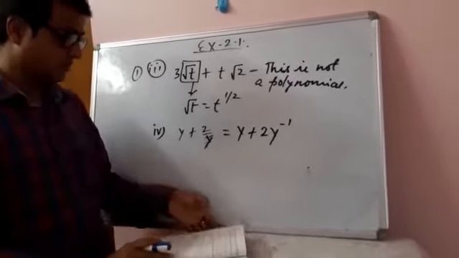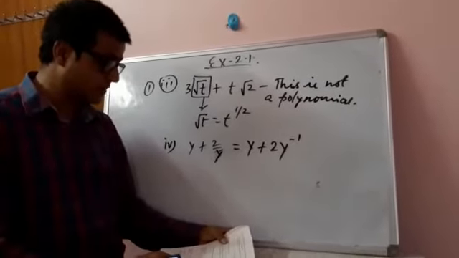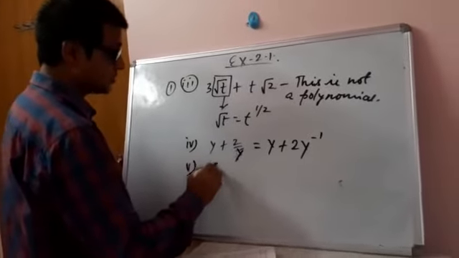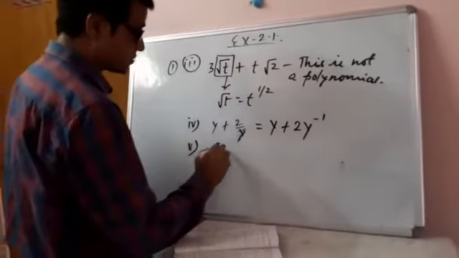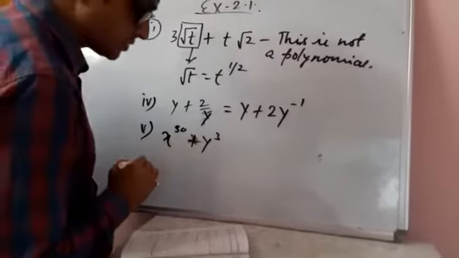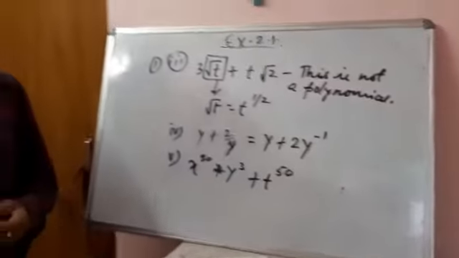And the fifth one, question number 5: x to the power 10 plus y to the power 3 plus t to the power 50. Is this a polynomial?